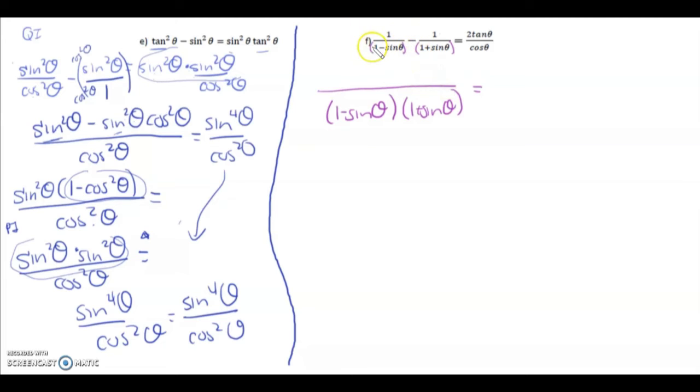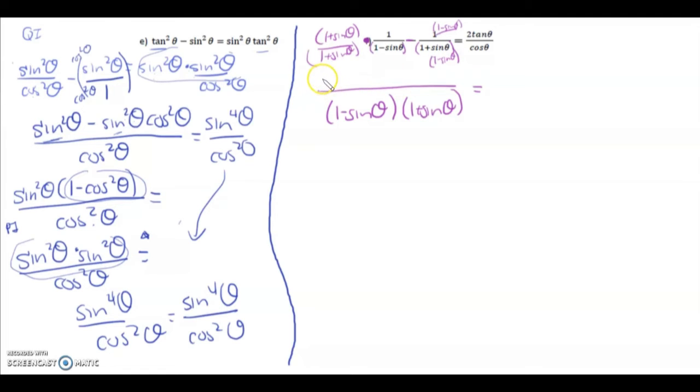Okay, so on the left-hand side, I'm going to multiply this term by 1 plus sine theta over 1 plus sine theta. Now the second term, after we subtract, I'm going to multiply by 1 minus sine theta over 1 minus sine theta.